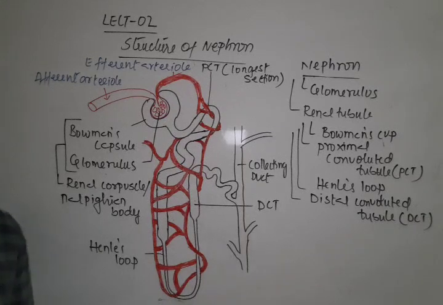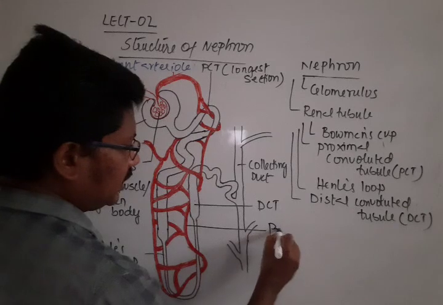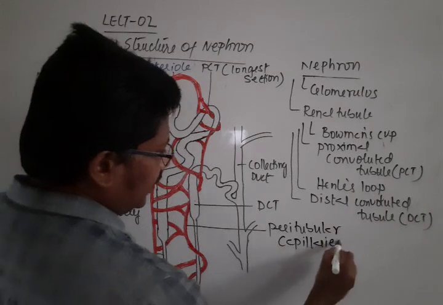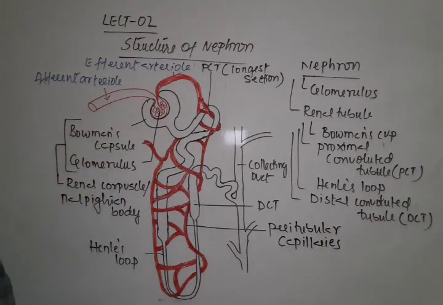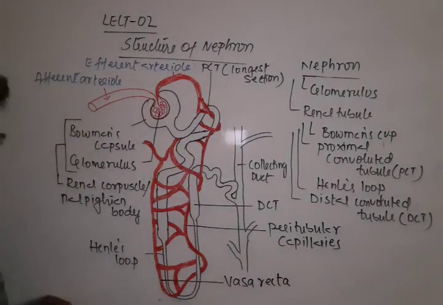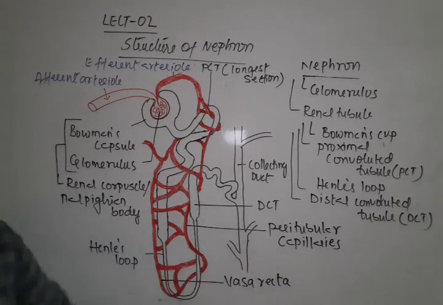So this we call a peritubular network, I mean peritubular capillaries. Now, one blood vessel of this peritubular network runs parallel to this Henle's loop and forms a U-shaped structure, and that is called the vasa recta. So the vasa recta is a part of these peritubular capillaries.